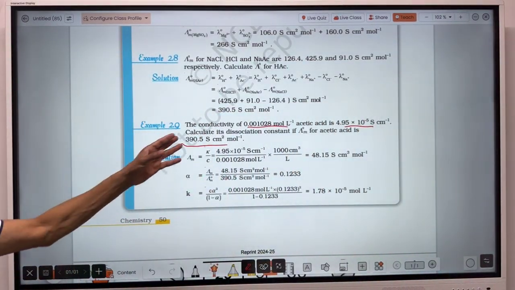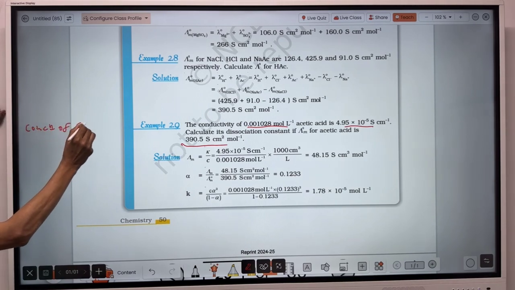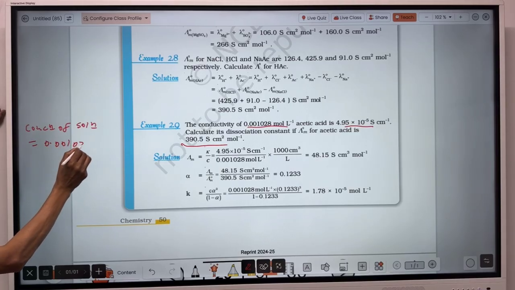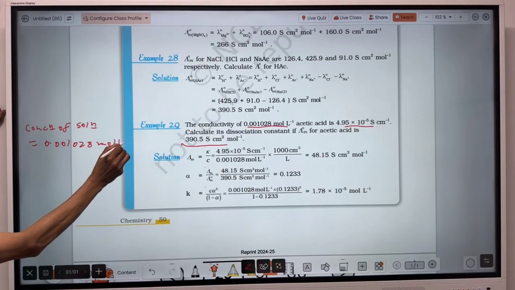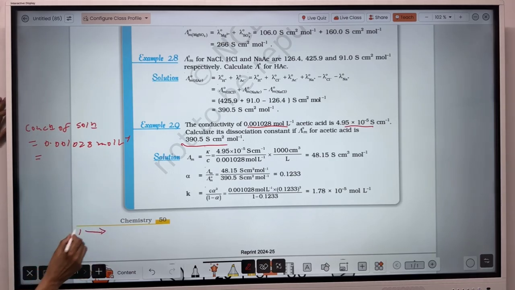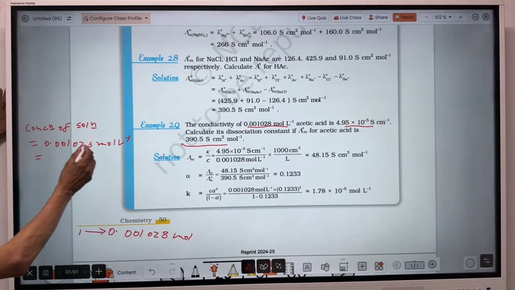The concentration of solution is 0.001028 mole per liter. Suppose in 1 liter, the number of moles is 0.001028. That much mole of electrolyte is there.